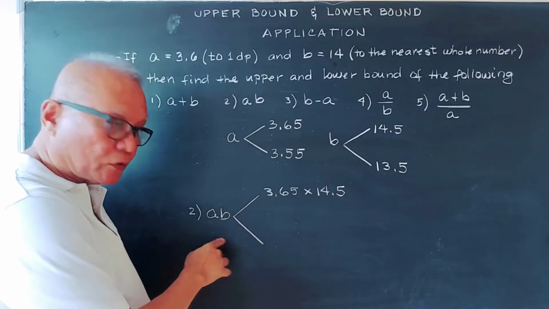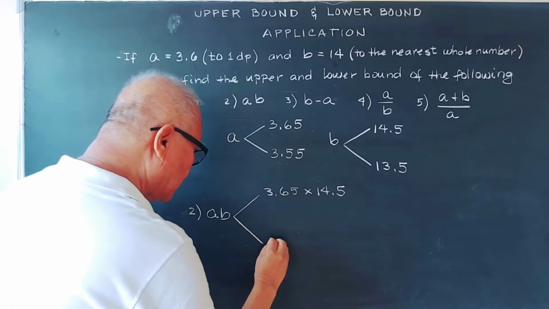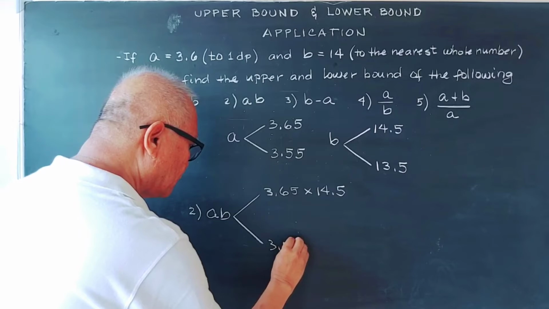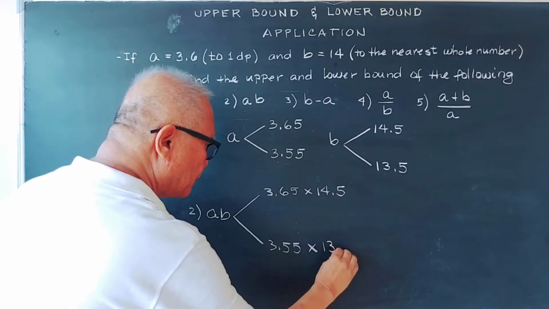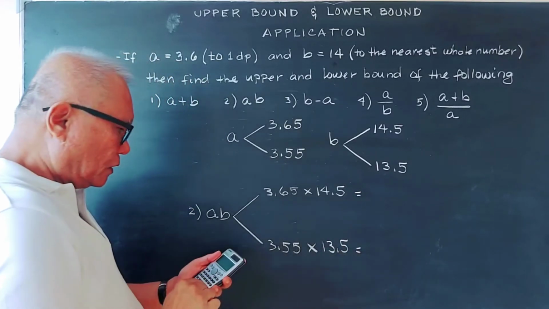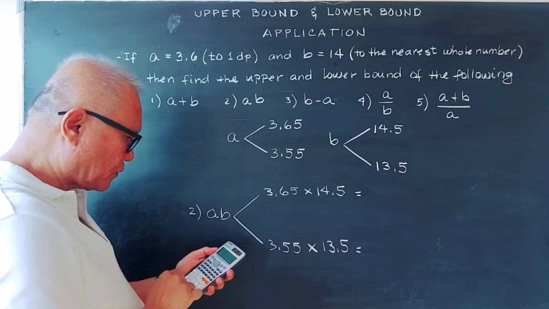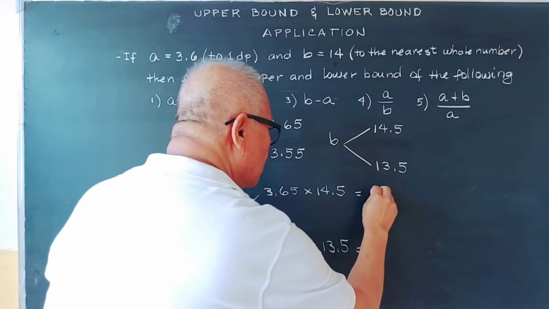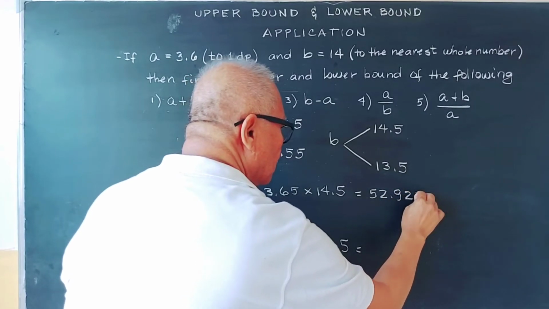For the lower bound here, we will multiply the lower bounds, 3.55 times 13.5. So 3.65 times 14.5 is 52.925.